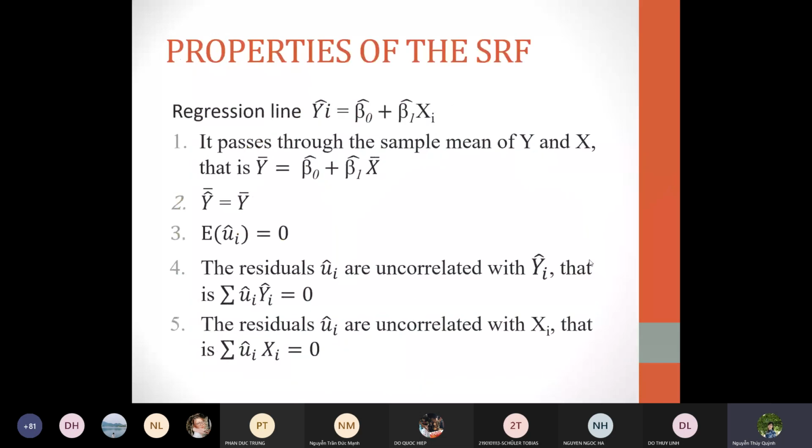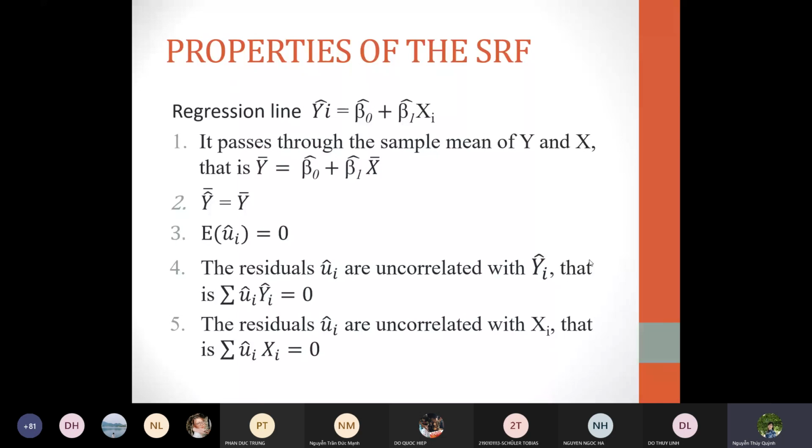Now we have some properties of the sample regression model derived by the OLS estimation method. Usually those properties we will not use. We will not talk about them in our work later, but you just have to know that the sample regression line has some properties like this.